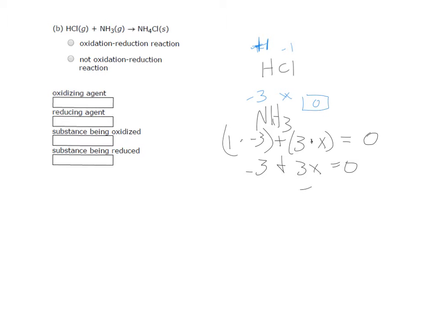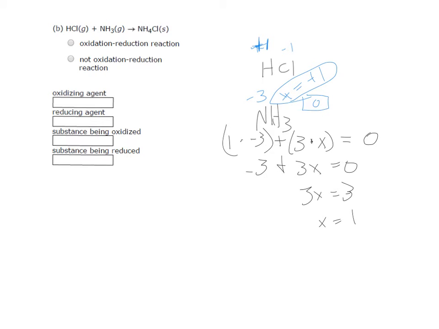We'll add 3 to both sides, and we'll divide by 3. X works out to be 1. So in this case, hydrogen's oxidation state is +1.